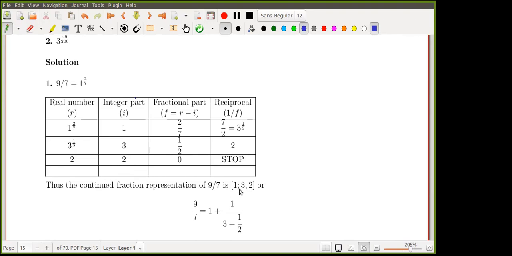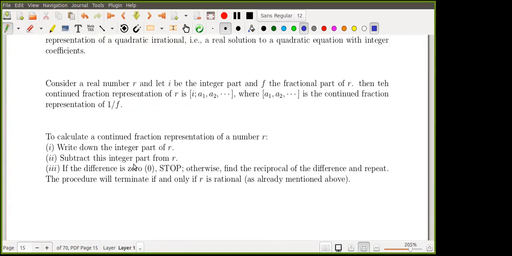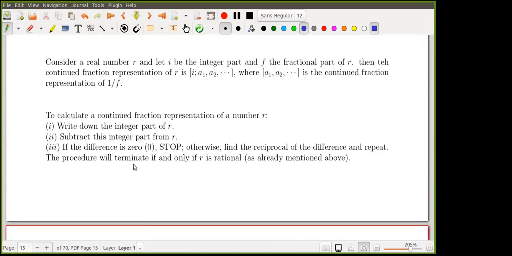As you can see here, 1, 3, 2. So this will be our A0 and then A1 and A2. So we have A0 plus 1 by A1 plus 1 by A2. So the last denominator will be this expression here, the last entry in the integer part column. So that is roughly speaking the procedure.